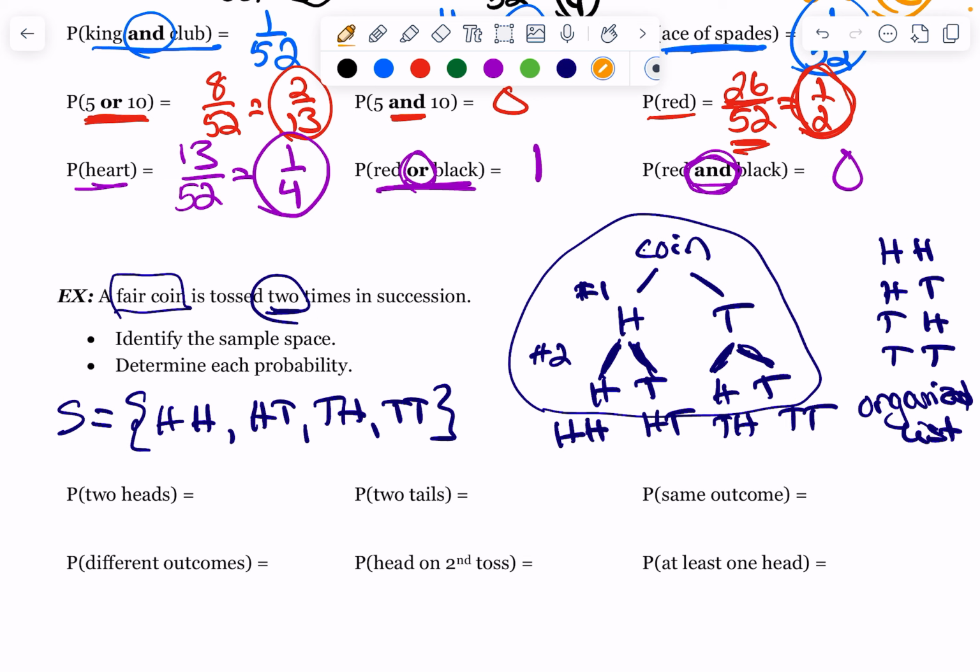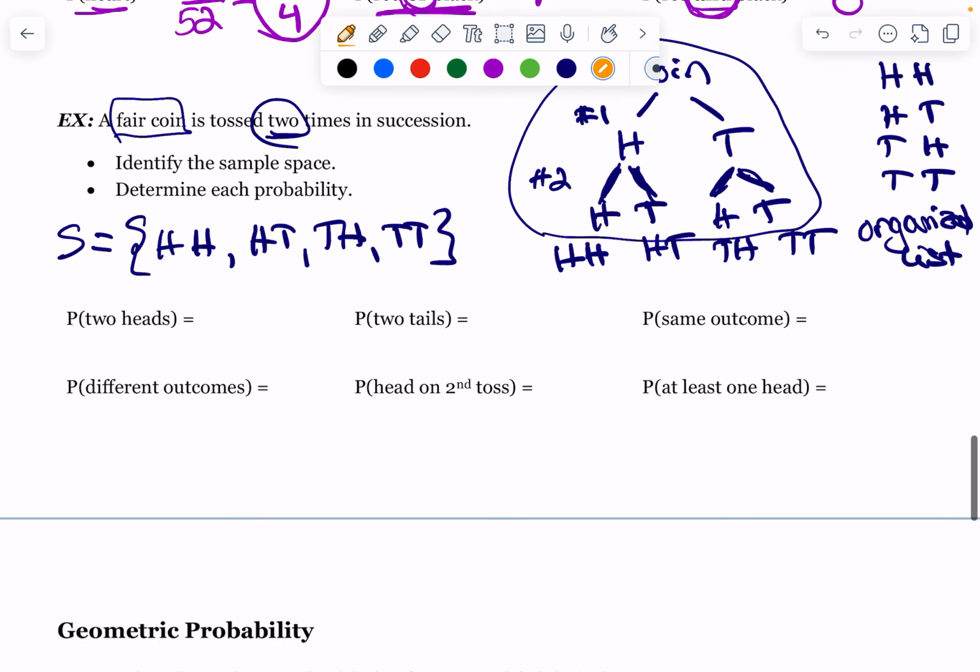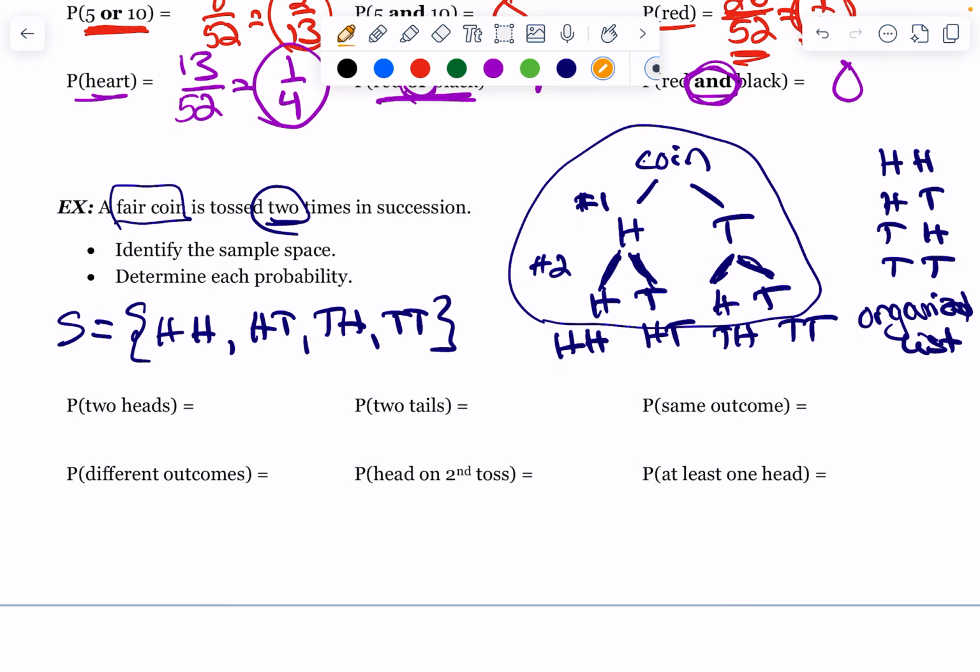Okay, let's go ahead and look at these probabilities. So, probability of 2 heads. Well, there's only one that has the 2 heads, so that's 1/4. Next one, 2 tails. Well, the same thing. There's only one that has the 2 tails, so that would be 1/4 also.